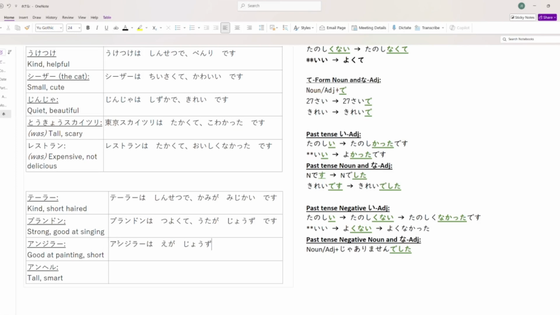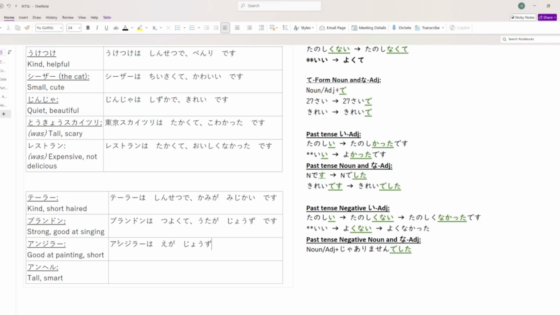Well, I guess jozu itself is... Doesn't that end in an e? What part of speech is this? Yeah, jozu is an adjective. It's not an i adjective. It's a na adjective.